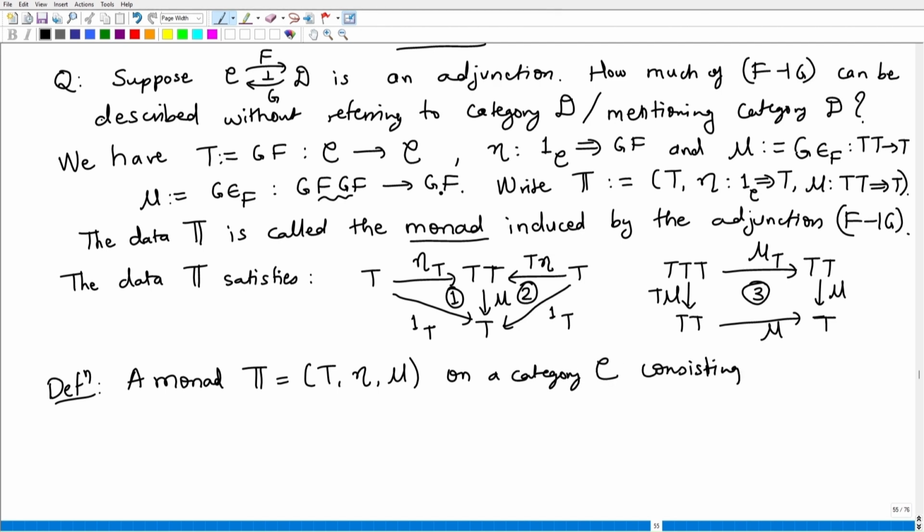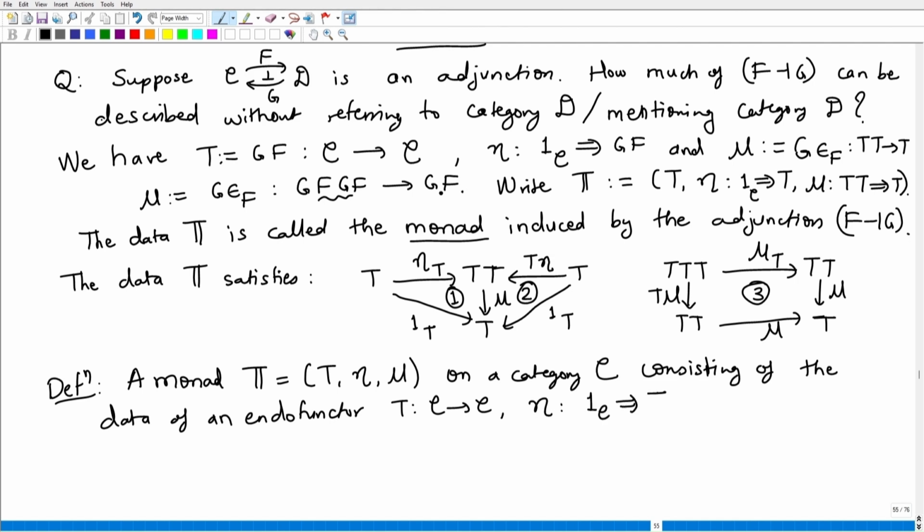consisting of the data of an endofunctor T from C to C, then some natural transformation eta from 1C to T, and mu from TT to T, a natural transformation.